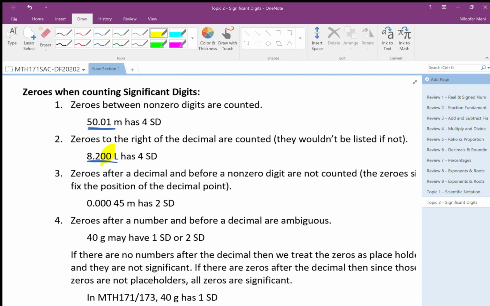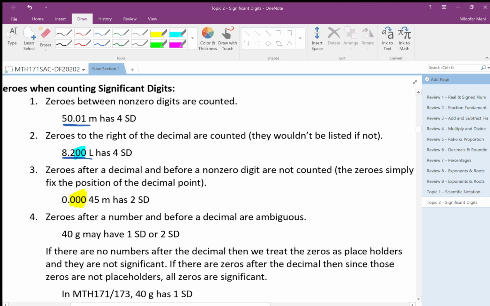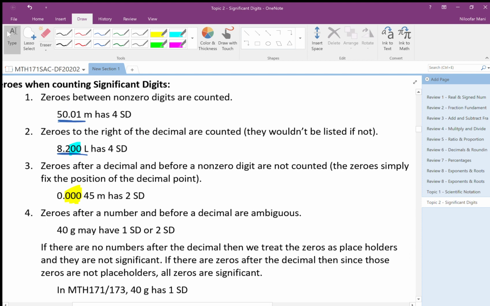Zeros after the decimal and before a non-zero digit are not counted. So you do not count them, because they are just fixing the position of the decimal.